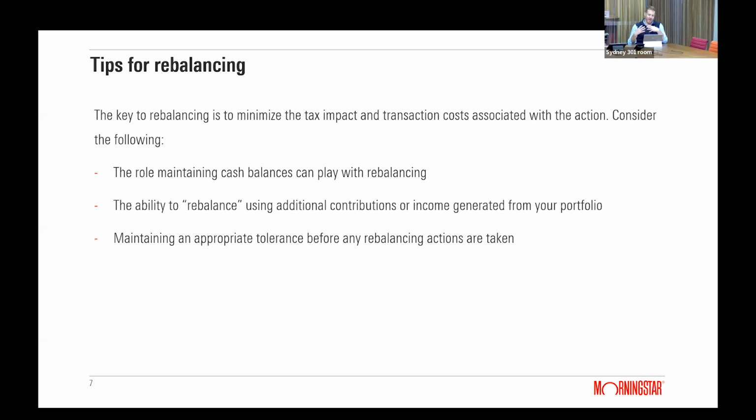I wouldn't spend a lot of time, this is a personal opinion, reallocating between those different allocations within shares, because once again, we're trying to minimize the taxes you pay and the transaction costs.